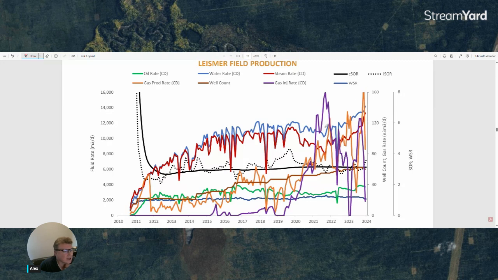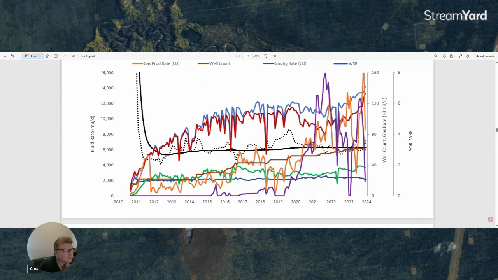Really good. So again, what do we see here? We see steam injection rate, and that goes to about 10,000 cubes. So this will be what, like 63,000 barrels a day, right? 10,000 cubes times 6.29, you get barrels.